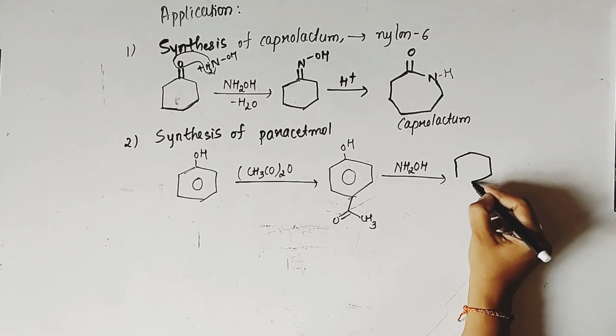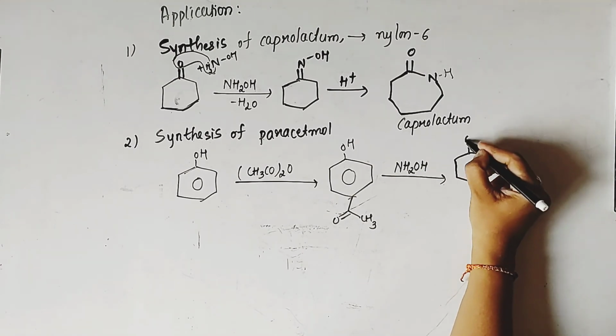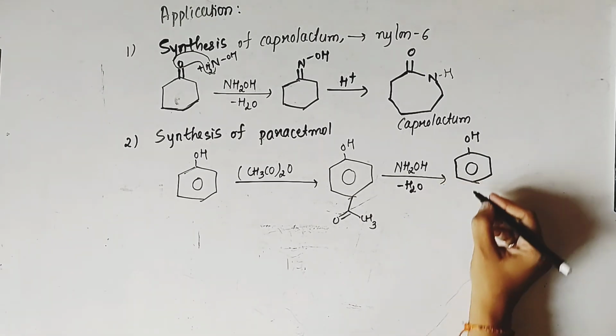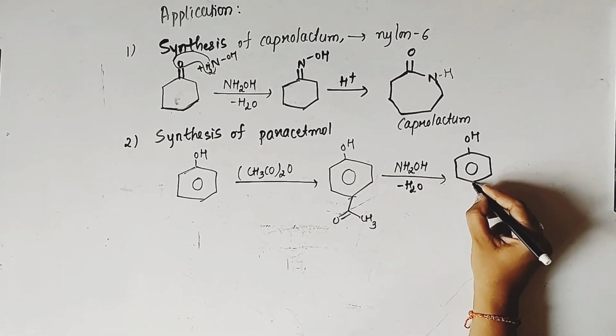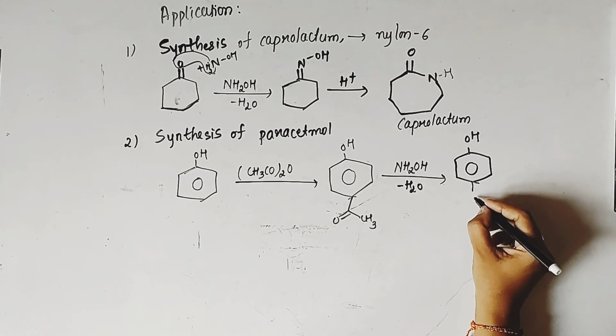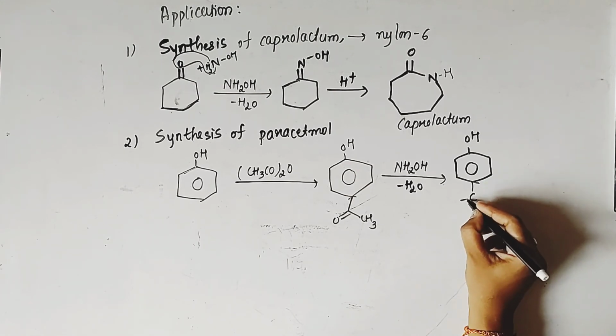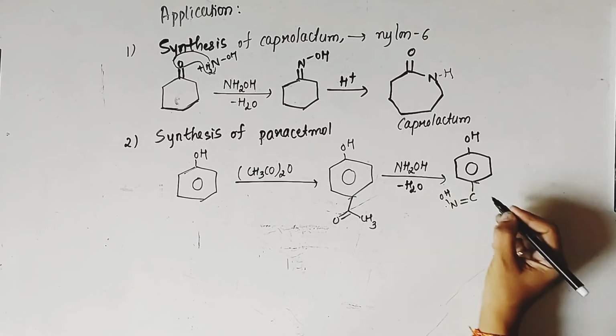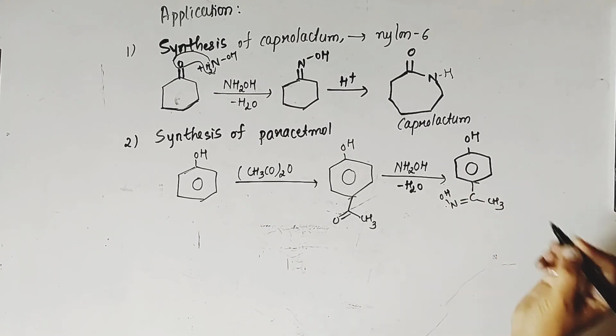So this is OH. The loss of a water molecule will take place once again, and here we will get this carbon, and here we have nitrogen, OH, and the remaining CH3.